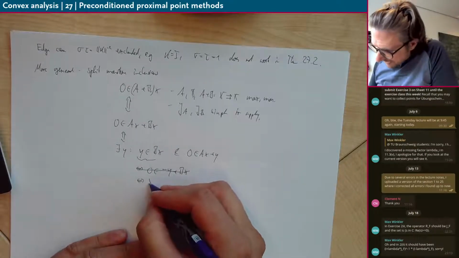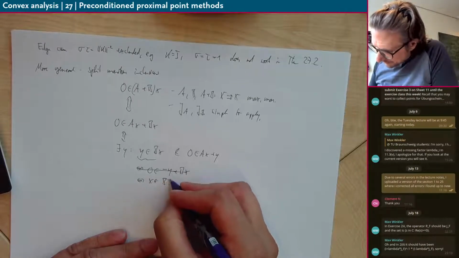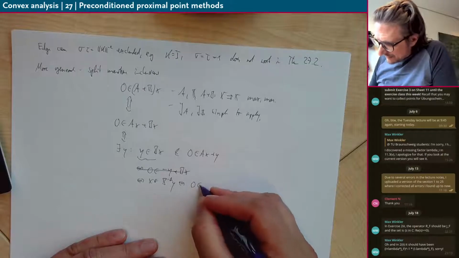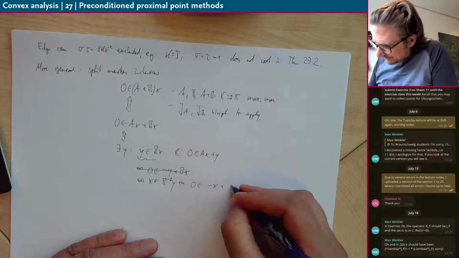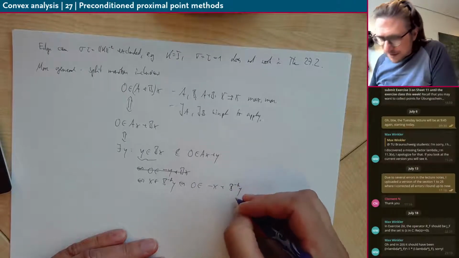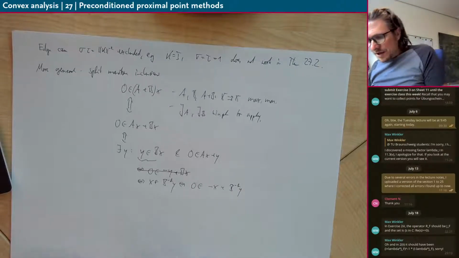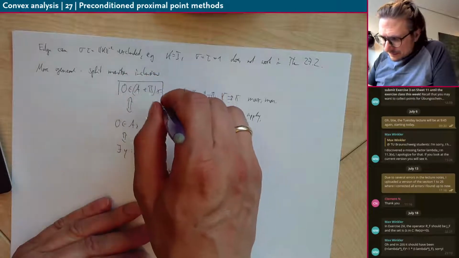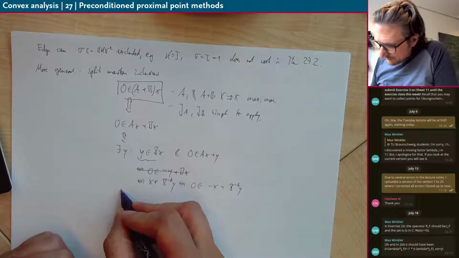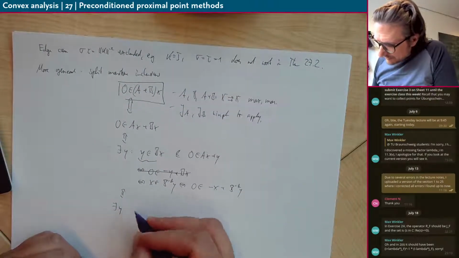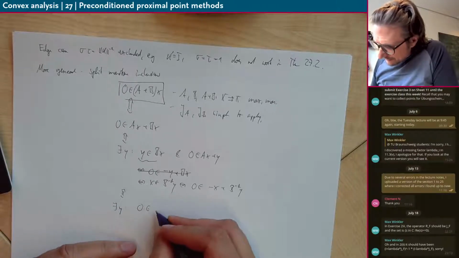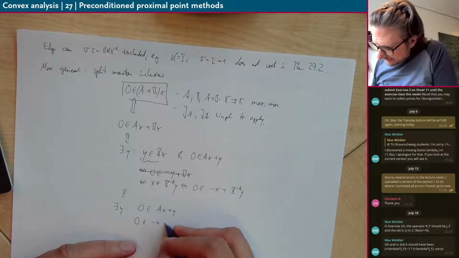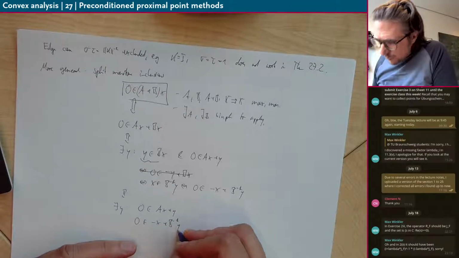So it's x in B to the minus 1 y, which is the same as saying 0 is in minus x plus B to the minus 1 y. So now this is equivalent to there exists a y such that 0 is in Ax plus y and 0 is in minus x plus B to the minus 1 y.